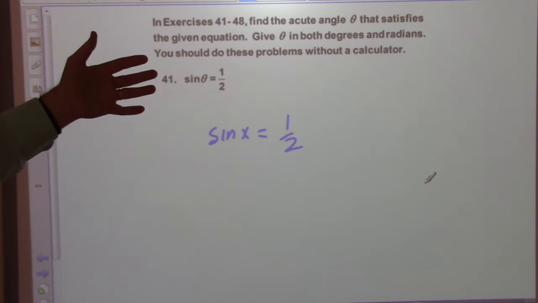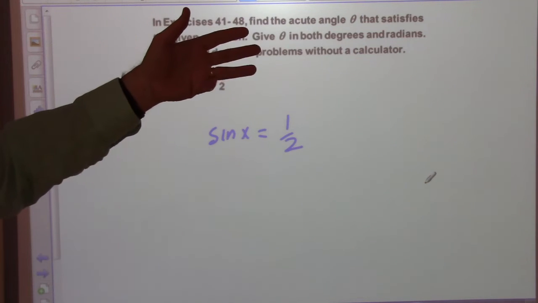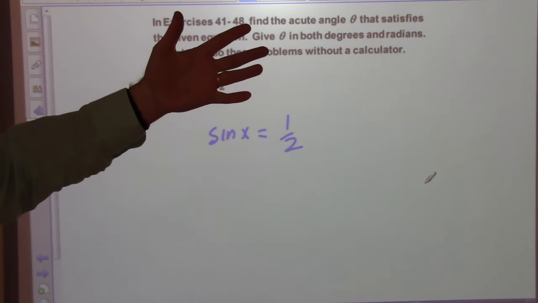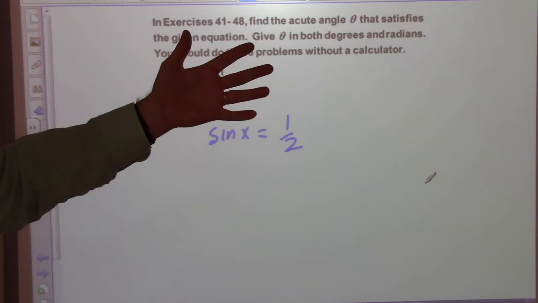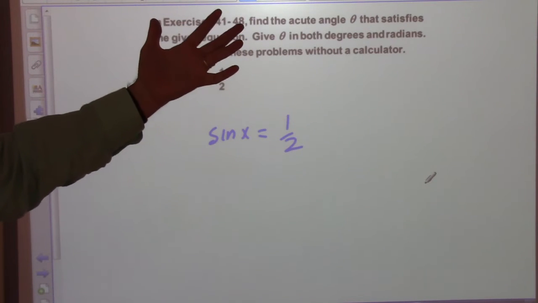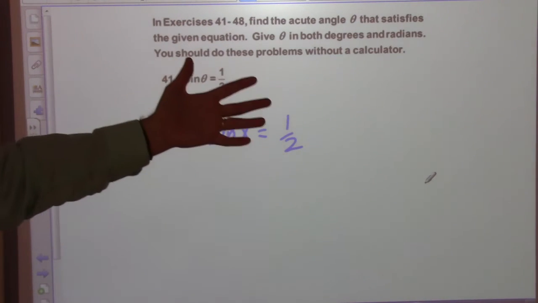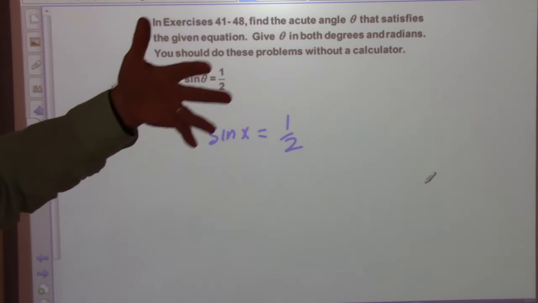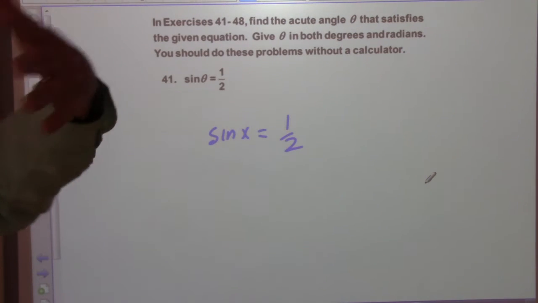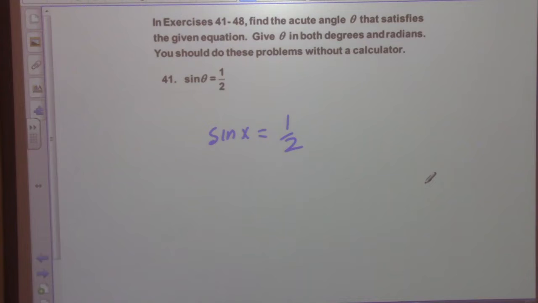Lower than 90, so they're all going to be 30, 45, 60, because they're the only acute ones you're expected to be able to do without a calculator. So which angle has a sine of 1/2?